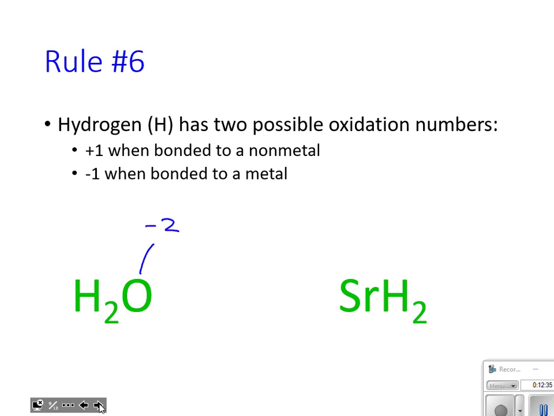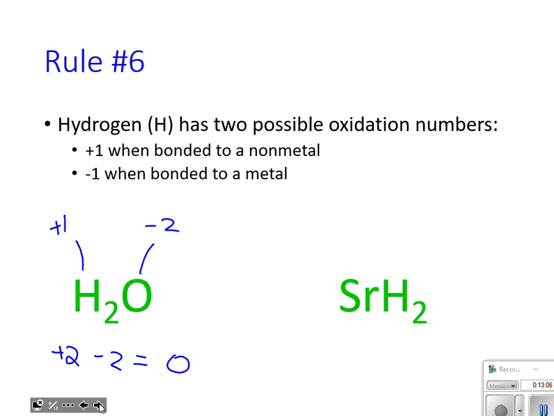Now, if that is -2, I know that the compound has to equal 0. So -2 is the negative, +2 has got to be the positive. How many hydrogens do I have, though? I have 2 of them. So each one has to be +1. So even following our other rules, that hydrogen would work out to be a +1.